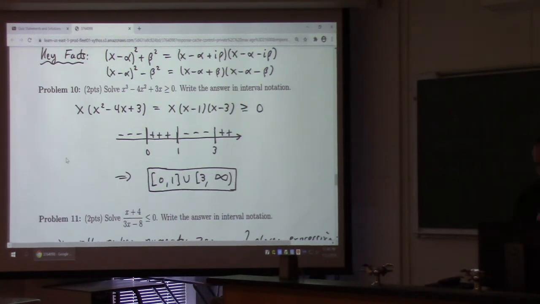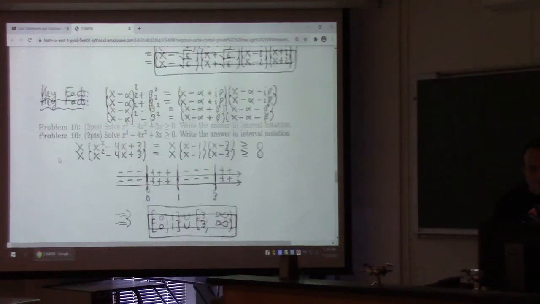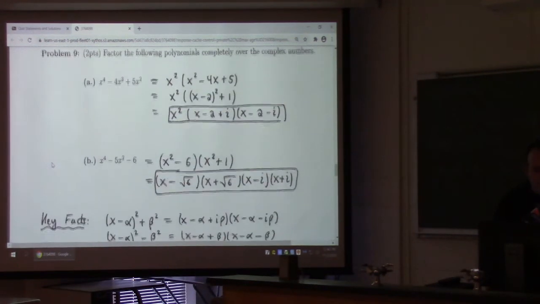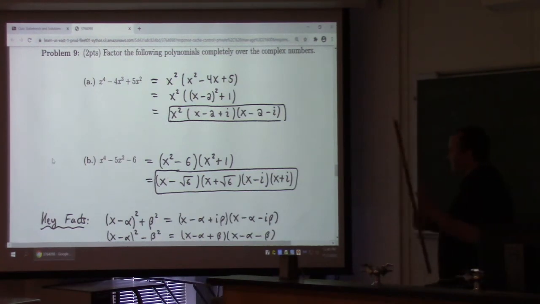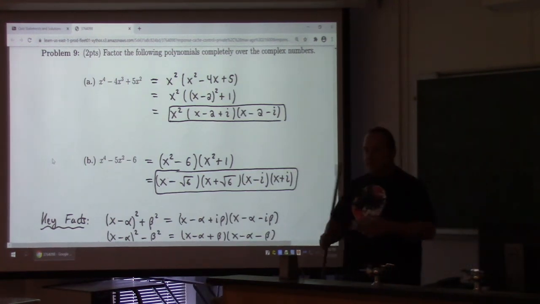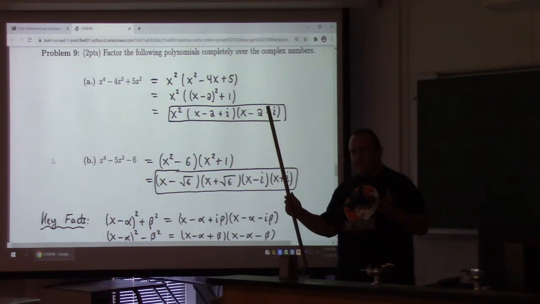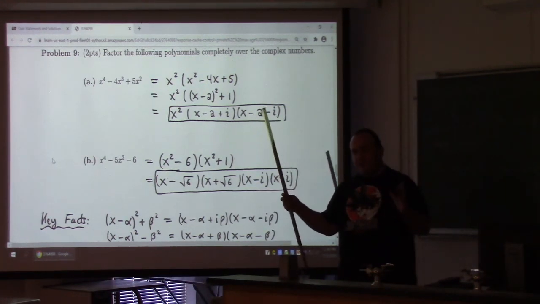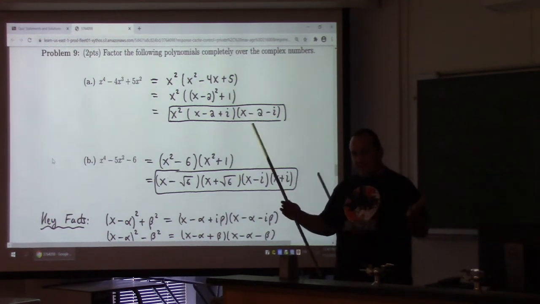Well, actually, before I go on from that, any questions? Given any polynomial, you can always factor it into a product of linear factors and a product of irreducible quadratic factors. If you have complex numbers, you can always break it down into a product of linear factors.